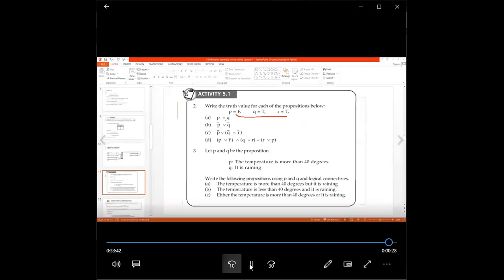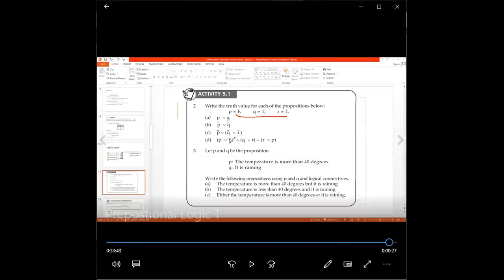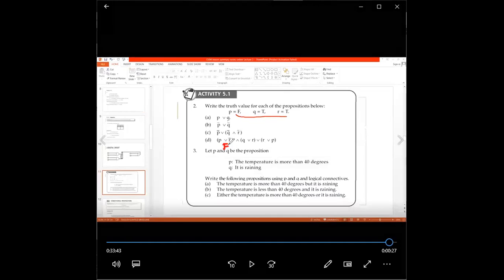We were on the last question, so let's try that. P or not R will be false or false, that will be false. Then Q or R will be true or true, so that should be true. Then R or P will be true or false, that will also be true.